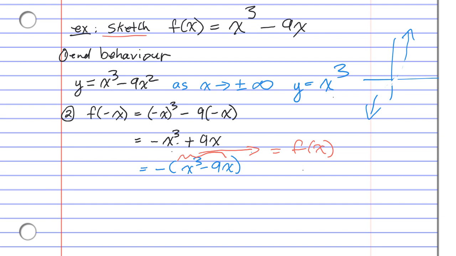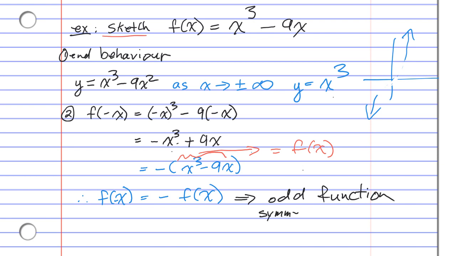And we know that this thing that's in the brackets is equal to f at x. So, therefore, f of negative x is equal to negative f at x. Now, we remember that we said that this means this is an odd function, which means that this is symmetric with respect to the origin.